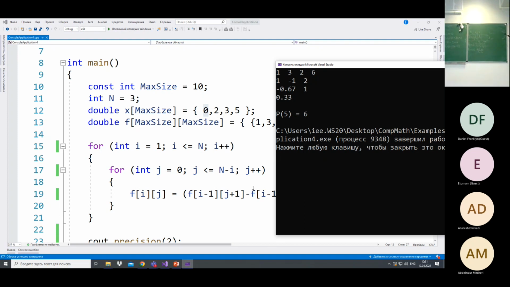How to compute P1 of 1? What will be the value of P1 of 1? 2. It's 1 plus 1. It's 2. P2 of 1.